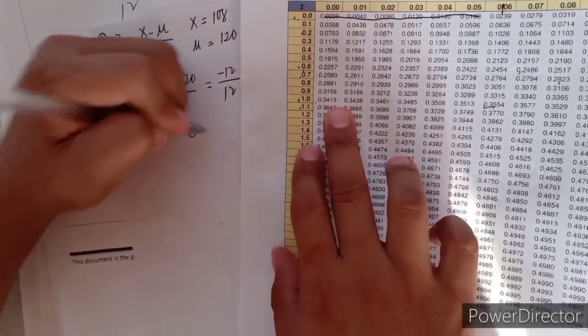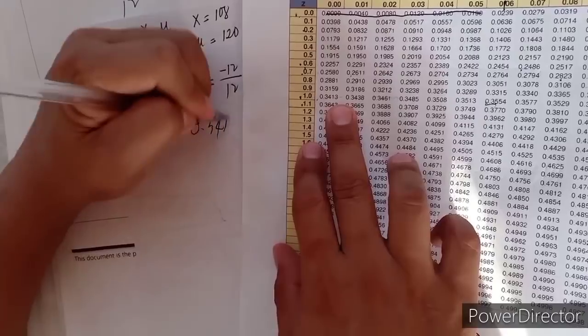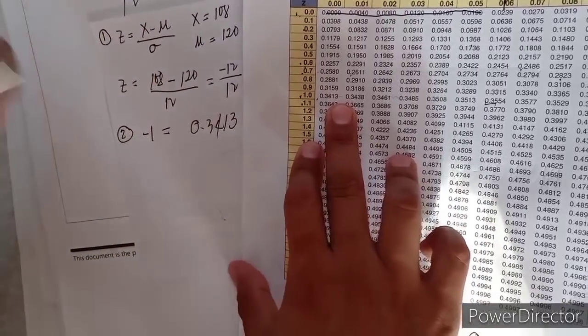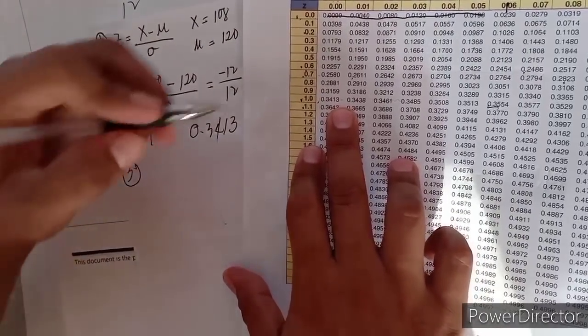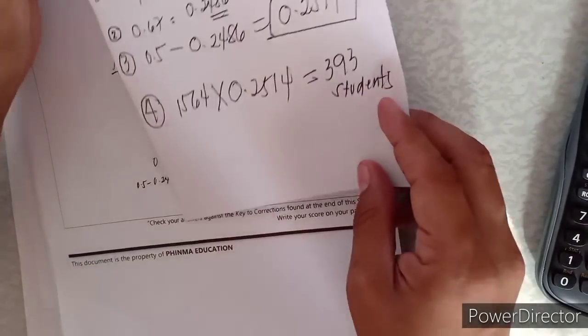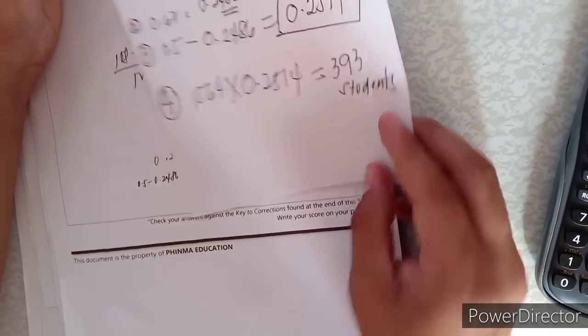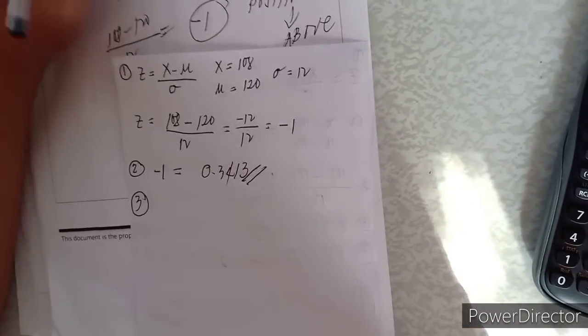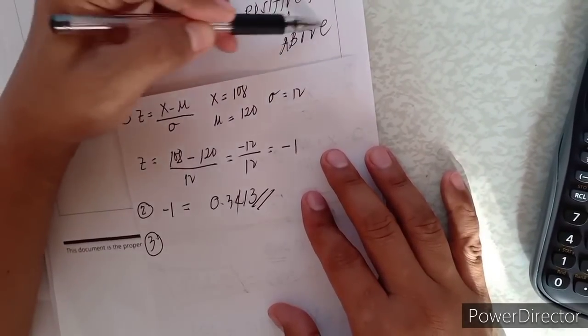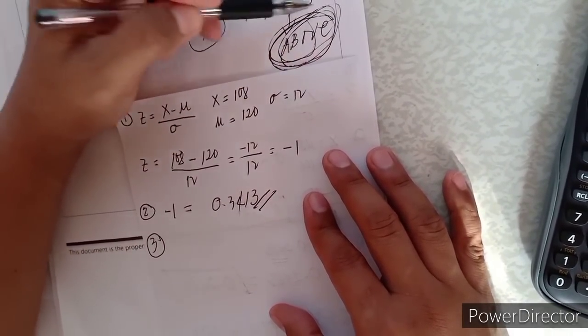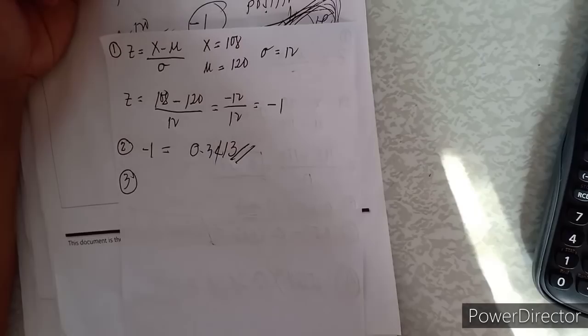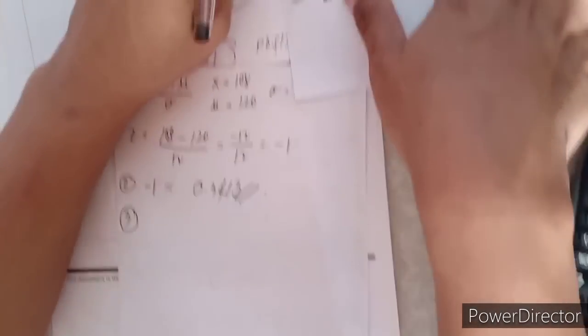So, we have now 0.3413. Isn't it, Ma'am Tintin? Yes. Our third step is what? Ang third step natin is titingnan natin ang rule na gagamitin. Kapag above, laging positive, right of Z. Right of Z positive. Tama, Ma'am Tintin?